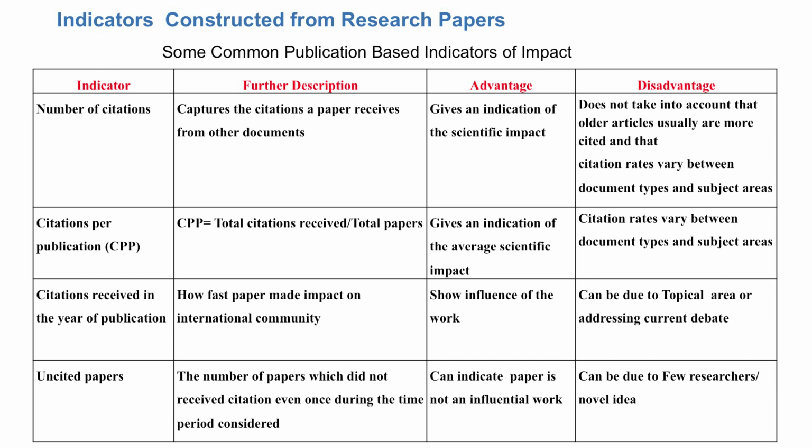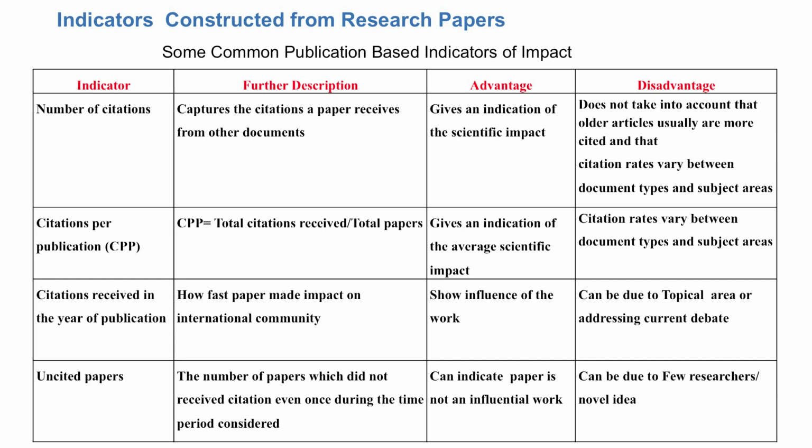Citations received in the year of publication show how fast a paper is making an impact on the international community. Another important indicator is uncited papers, that is, how many papers, in spite of your volume, remain uncited over a period of time. So, it is a deflection of your volume in a sense.